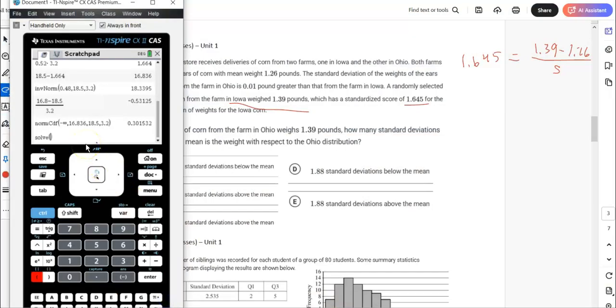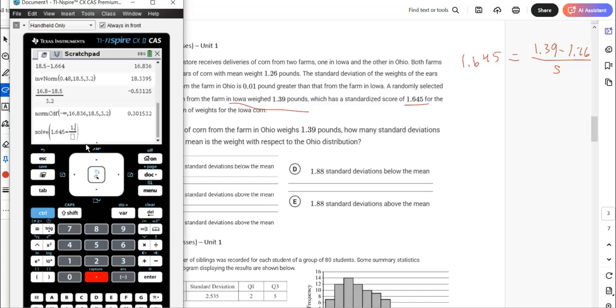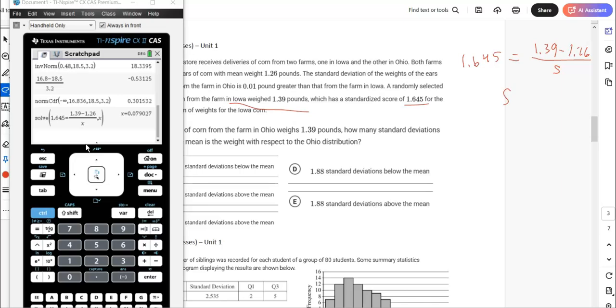You don't have to do algebra. So solve, menu 3.1 if you need it. 1.645 equals 1.39 minus 1.26 over, I'm just calling it x, comma x. So we get a standard deviation of 0.079.